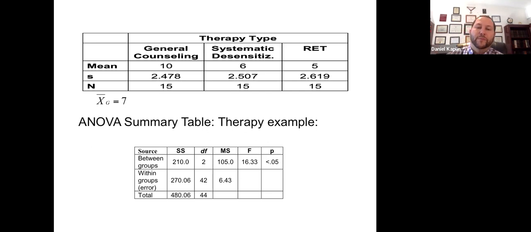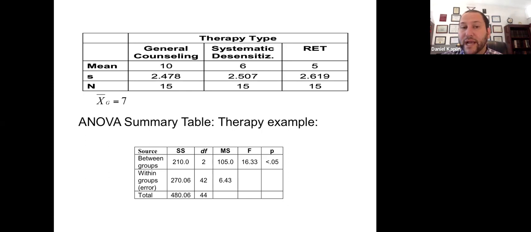So that would be how we would do it, right? We would calculate that, and sure enough, there are differences. Now, which groups differ significantly from the rest? Well, for that, we can't answer by just looking at the summary table.